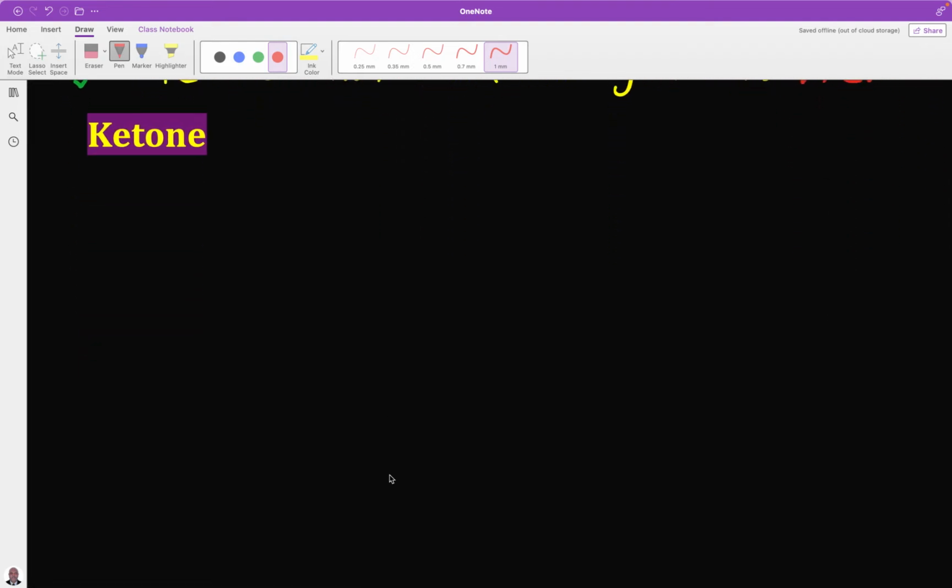A nucleophilic addition reaction of cyanide with ketone. Let me start with ketone, let me say propanone.